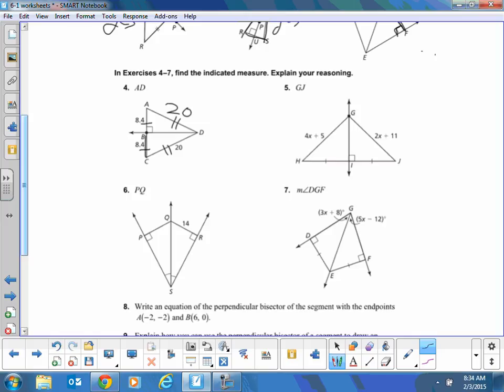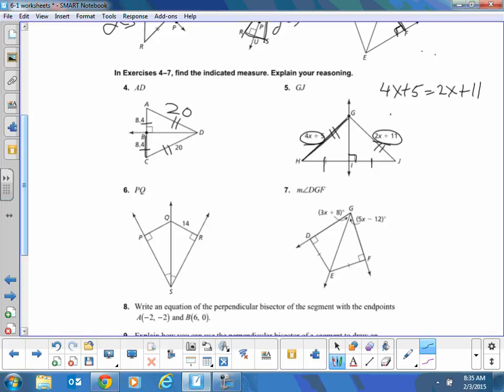Okay, GH. Well, since these are equal distance right here, and this is hitting at a perpendicular angle, 4x plus 5 equals 2x plus 11. Number 4? Yes. Number 5. We're going to set these two equal to each other.